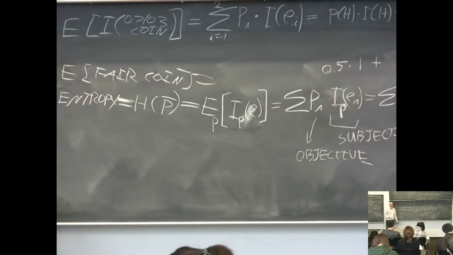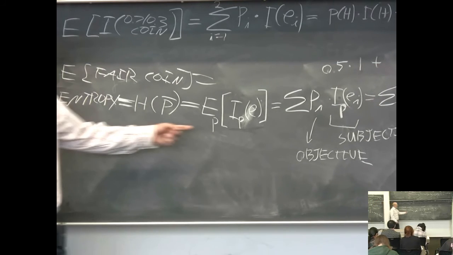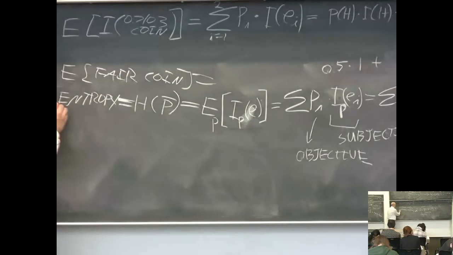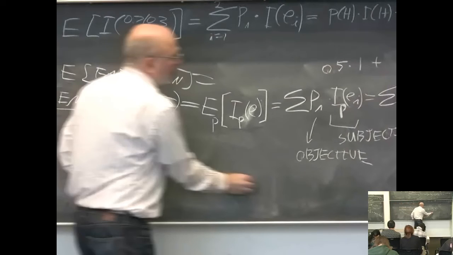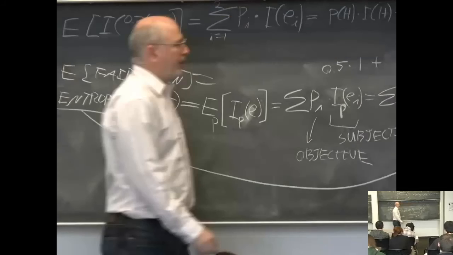The entropy is a measure of a distribution. It's a functional. It's something that takes a distribution and produces a number. And the measure of the distribution is defined as this thing. You can just go directly from the word entropy to this thing. It's the usual definition.